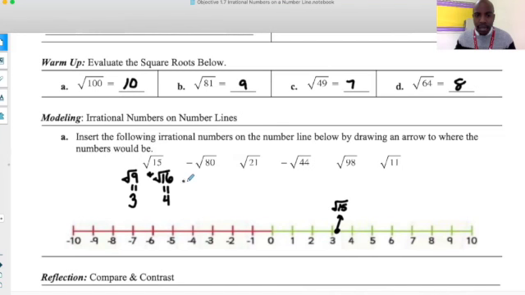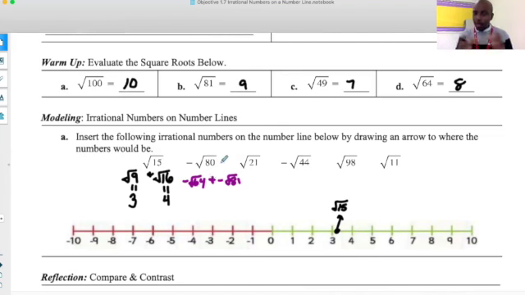It's got to be between the negative square root of 64 and the negative square root of 81. So it's between those two numbers, right? That's not a plus symbol in the middle.